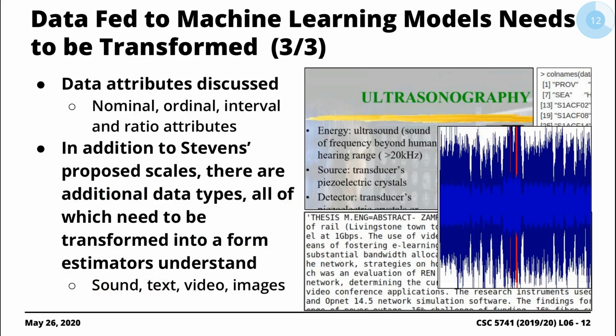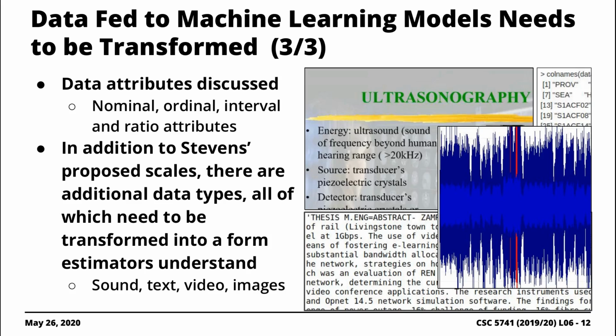Similar to that, before we can make use of these estimators, before we can feed data to the estimators, the input data or input features that we feed to the estimators need to be converted into a form that the estimators understand.